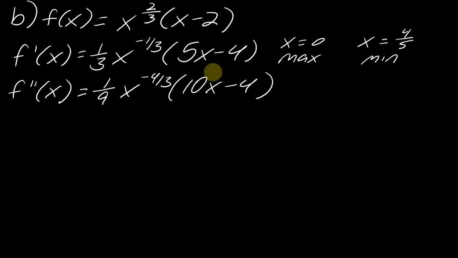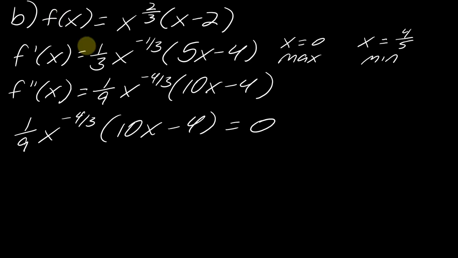Okay, so here was our first and second derivative, and we already did all the work to figure out we had a max here and a min here. And just remember, at this point the first derivative does not exist, so we will have to compensate for that in the graph. Now I need to take this second derivative and set it equal to 0.